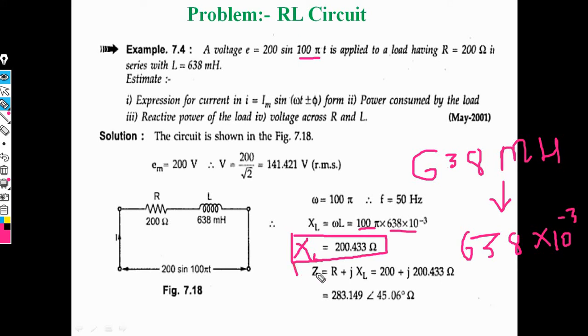Now impedance Z is equal to R plus JXL. Then 200 is put here, and the inductive reactance XL, which we have calculated, is 200.433.